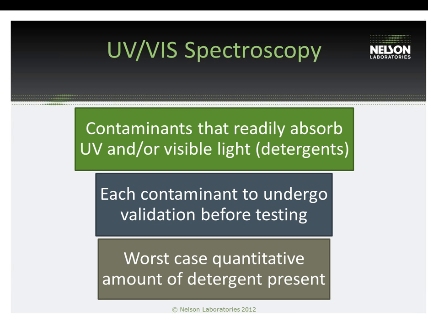With this test method, we also use water as the extraction solvent. So we submerge the device in water, again, do a sonication or shaking to remove those residues. The device is removed, and then that extract is scanned on the UV-Vis instrument.